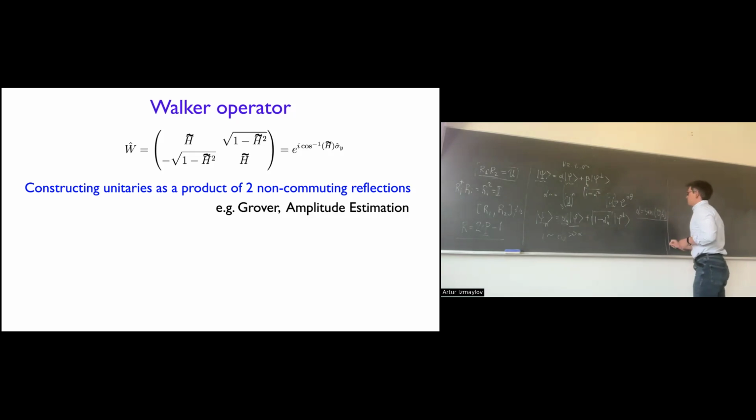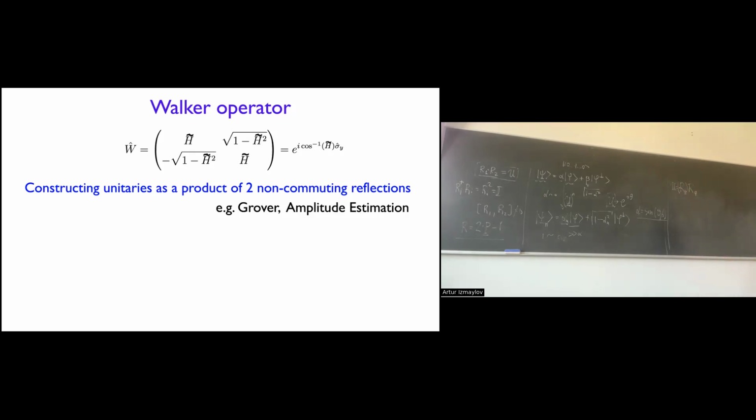In all these algorithms, you're doing essentially the unitary as two reflections. One is a reflection around the phi state, and another is around the psi state with a minus sign.